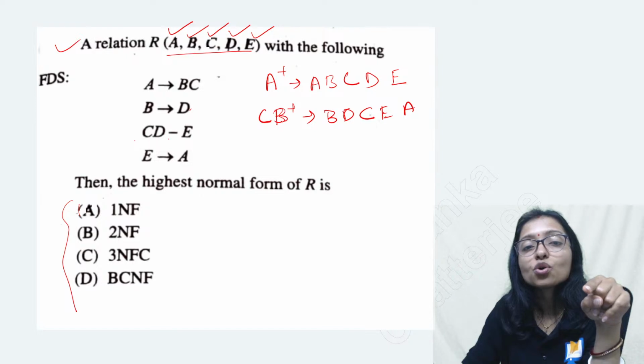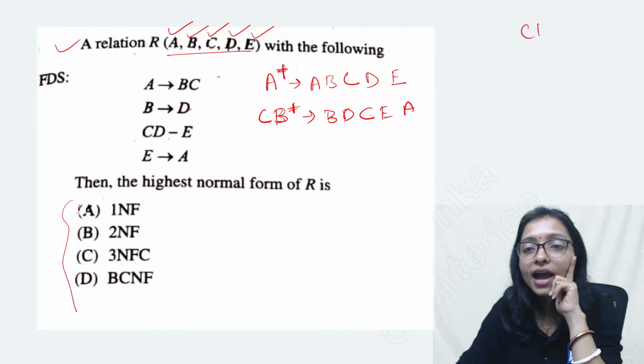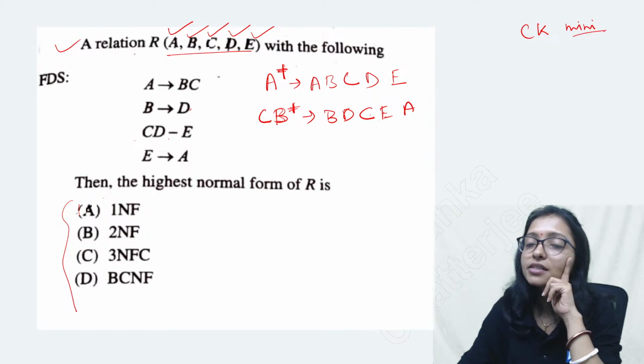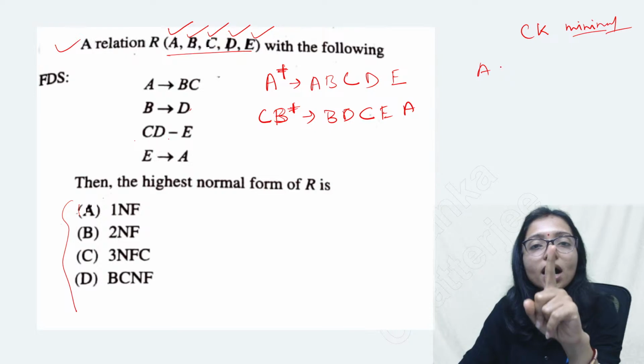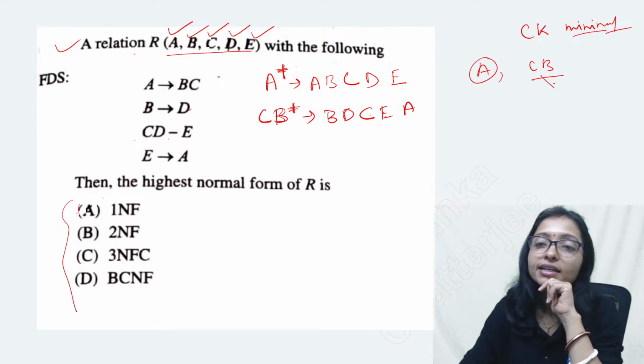Here also many students have confusion. You are thinking, ma'am, the candidate key is the minimal set. Minimal set means you started counting: A is one attribute, CB is two attributes, then A is my only candidate key, CB is not.